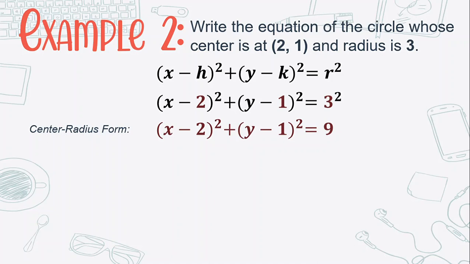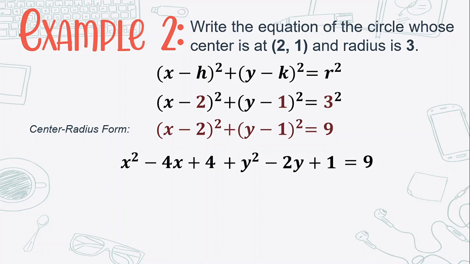That is just like (x minus 2) times (x minus 2), where we're multiplying two binomials. So by using the FOIL method, we are going to get x squared minus 4x plus 4 plus, again use the FOIL method in (y minus 1) squared. That will become y squared minus 2y plus 1 is equal to 9.